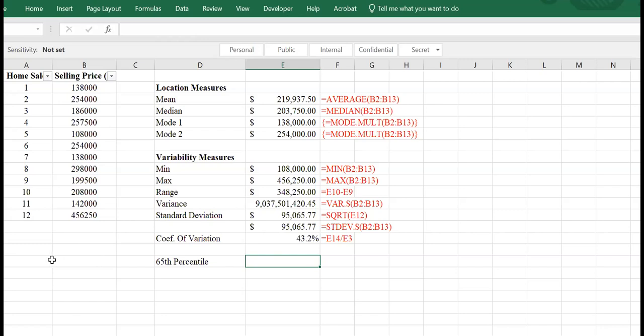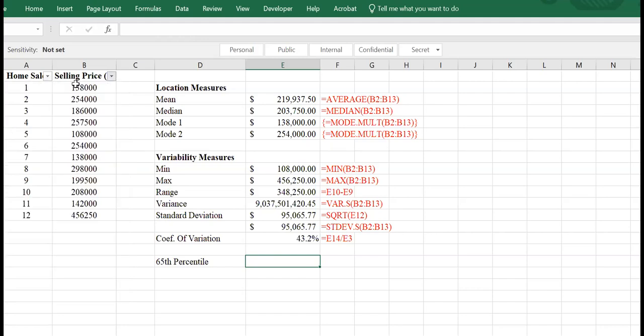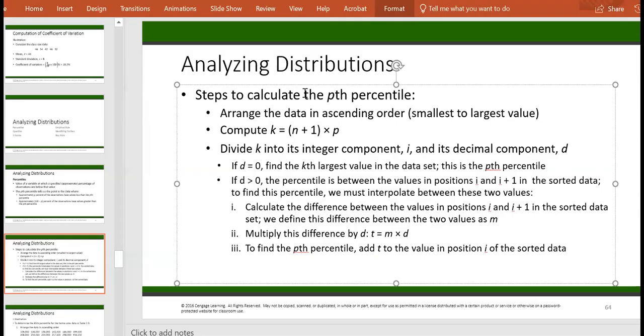So the manual way: I'm just going to sort the data, smallest to largest. So the 65th percentile out of 12 observations. As you can see here in the formula, n plus 1, where n is 12, we have 12 observations in our data file.